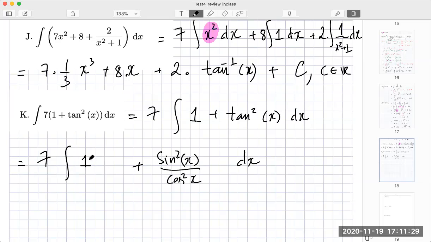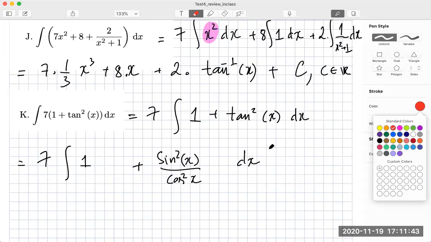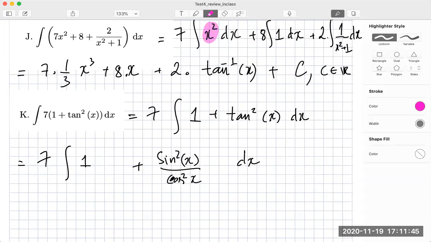Again, this is a whole number. This is a fraction. Then what can we do to add them up? We can separate the integrals, maybe.